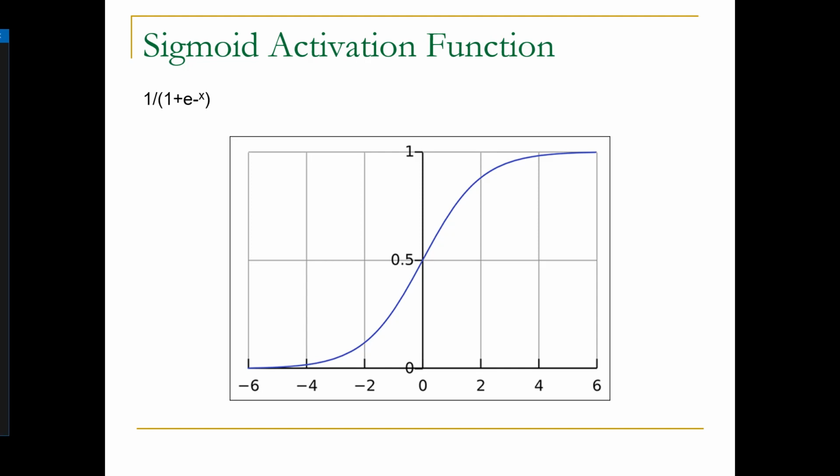Now, maybe it would make sense to just use a step function, right? If you meet some threshold, the output is true. If not, the output is false. For reasons we're going to talk about in just a second, we can't really use a step function, because a step function is not continuous. A step function is not differentiable.